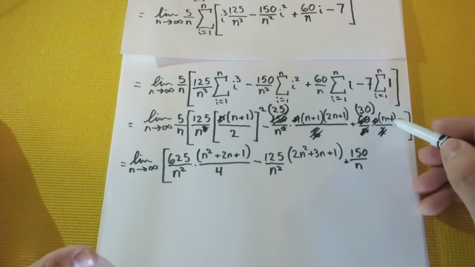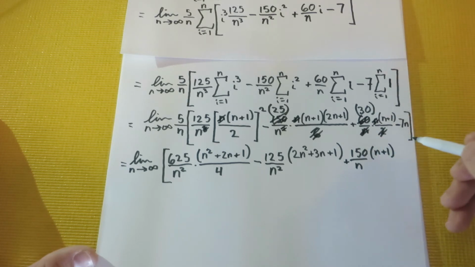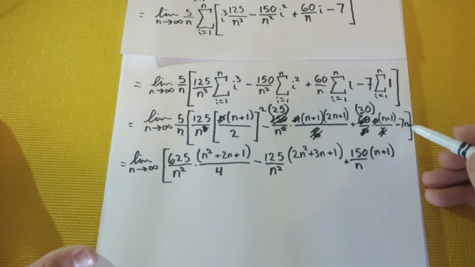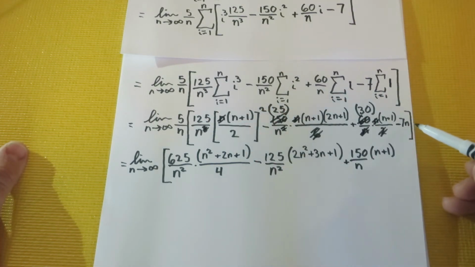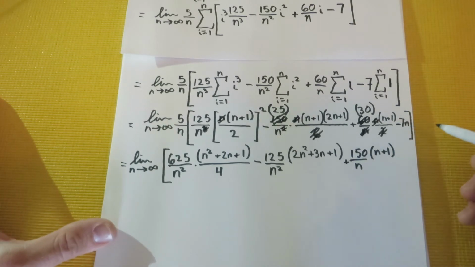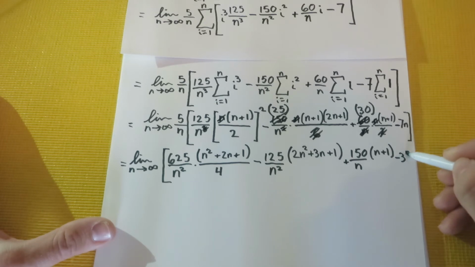And that's going to be multiplied times our n plus 1 here. And finally, 5 over n times 7n is just going to leave us with, the n's are going to cancel out, that's just going to leave us with a minus 35.